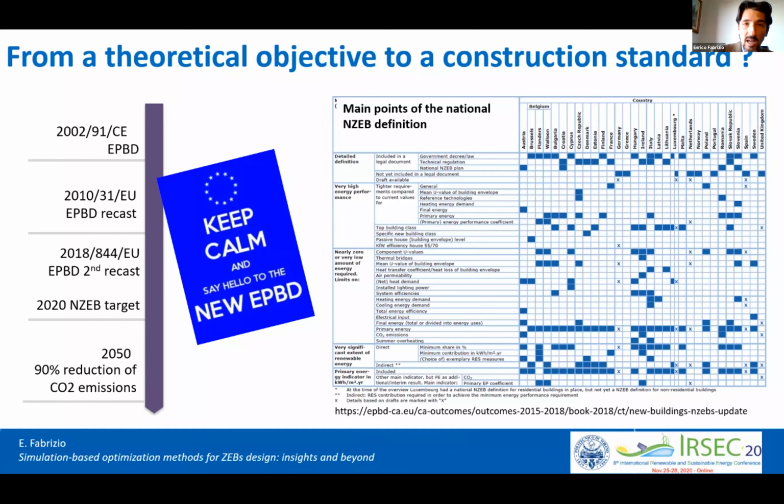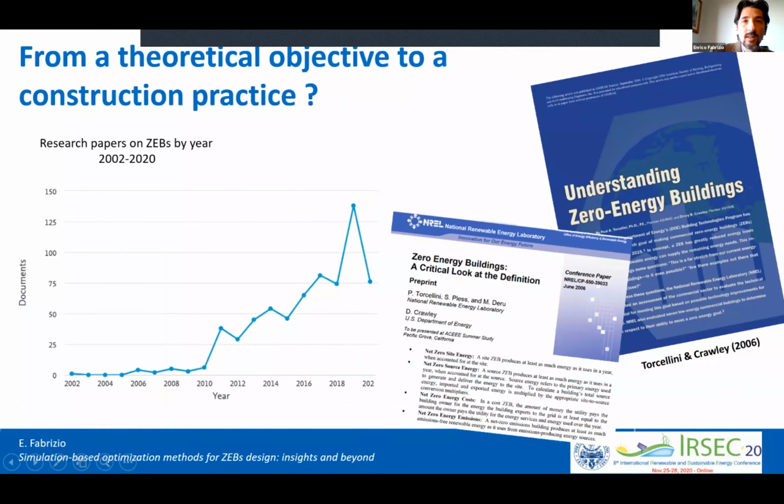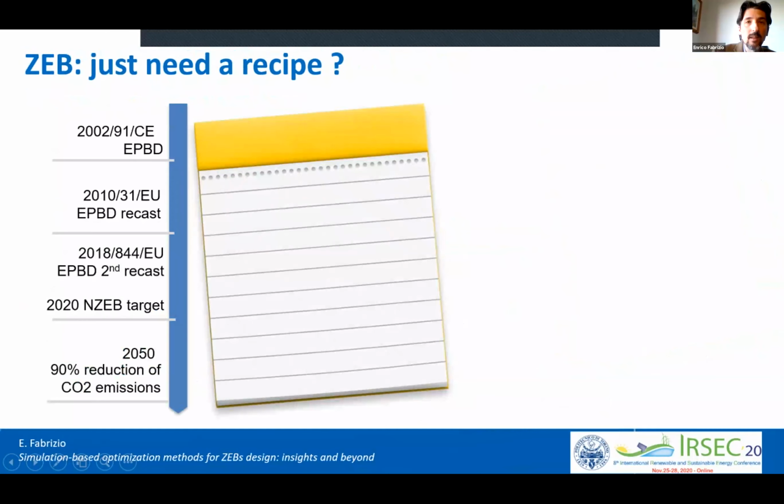But despite those differences, the ZEB target has been the driver of a large amount of research activity in the field of building energy performance. From a theoretical objective to be defined and discussed, and who can ever forget Torcellini's paper on zero energy building, zero cost building, zero emissions, etc. in 2006, this has become a current construction practice, and it has been the leading topic, especially in some European countries, in this specific building physics field.